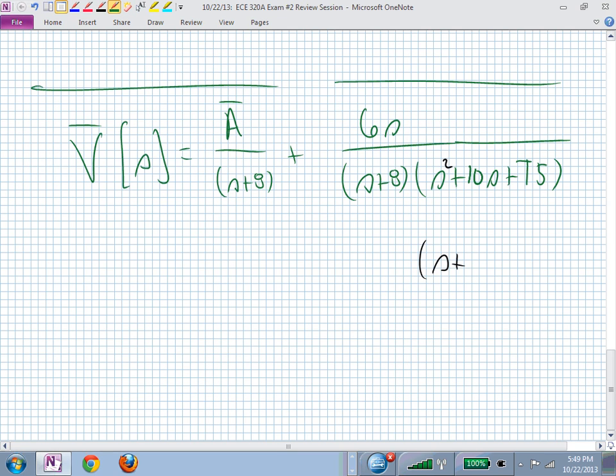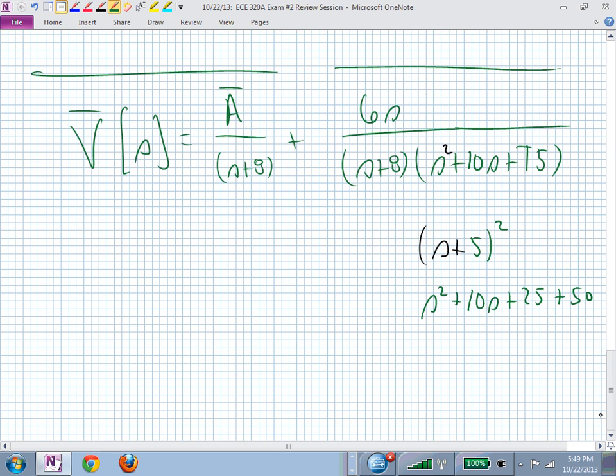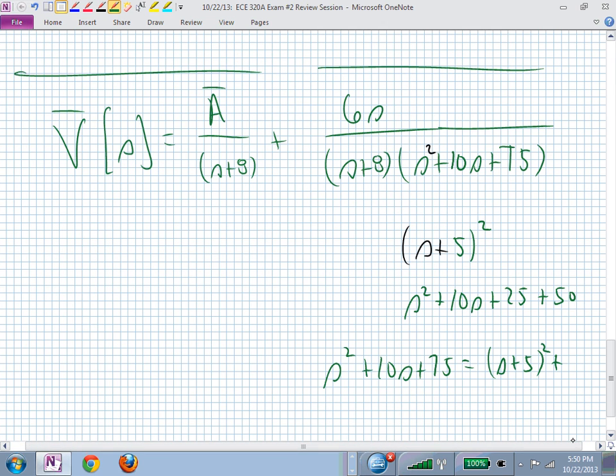Okay, so now I have s plus 5 squared, because that will give me an s squared plus 10s plus 25, and then plus another 50 will get me up to the 75. And now I can rewrite that s squared plus 10s plus 75 as an s plus 5 squared plus, kind of ugly, square root of 50 squared.